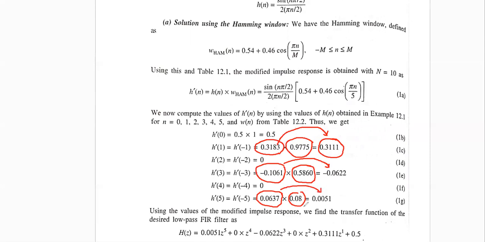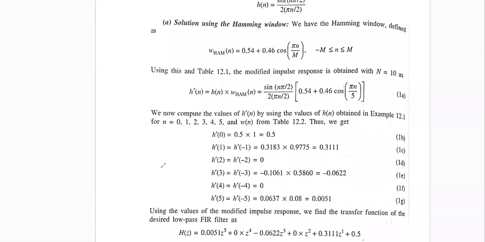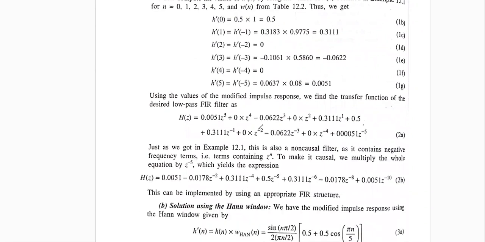It is a huge change because the multiply factor is 0.08, so you find a huge change in the output. So we find h prime 1, h prime 2, h prime 3, h prime 4, and h prime 5. That's it, because we get the negative sample results by symmetry. We follow the same formula, and this is our final result.